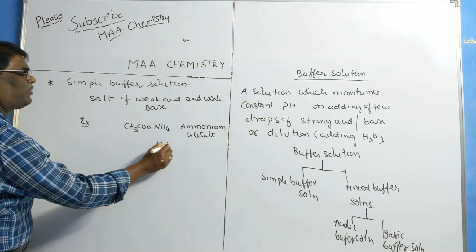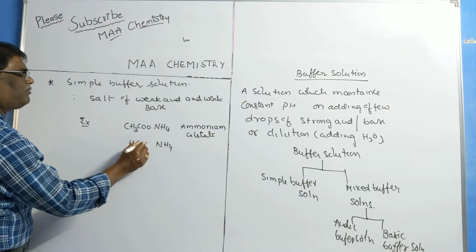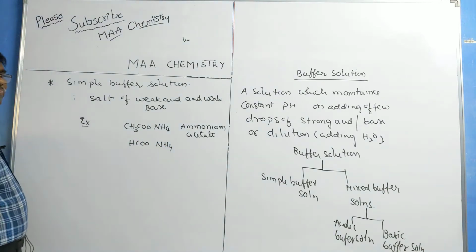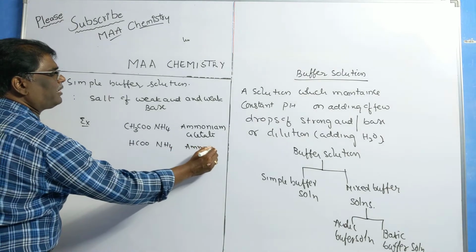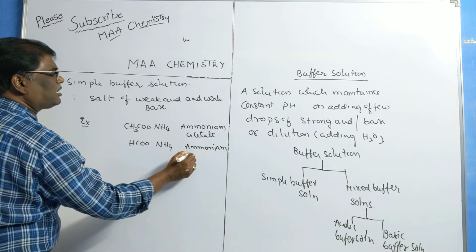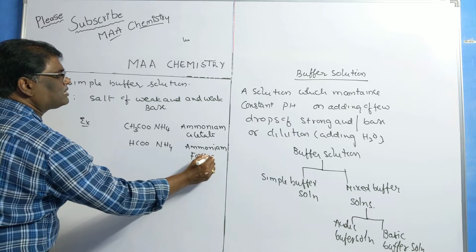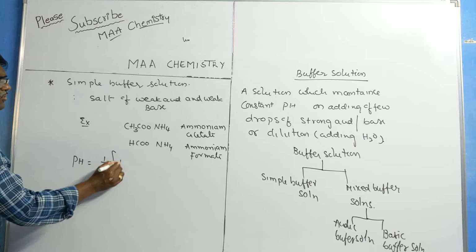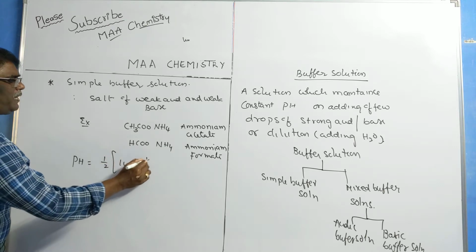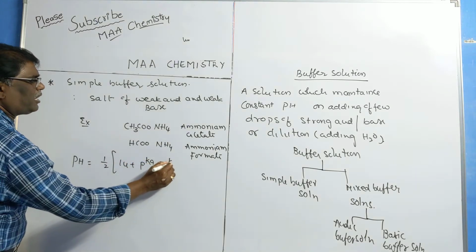Similarly, ammonium formate, like that. These are examples of simple buffer solutions. For these, the pH is calculated by the formula pH = 1/2 (14 + pKa - pKb).